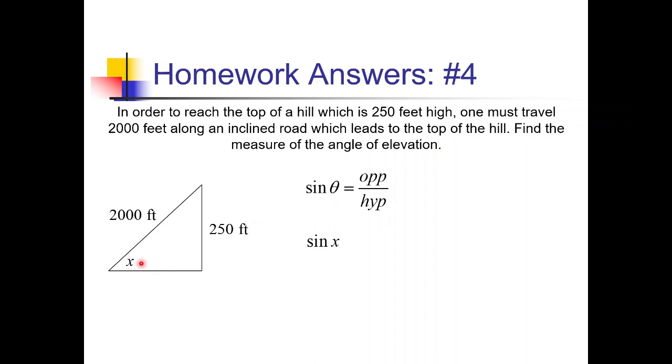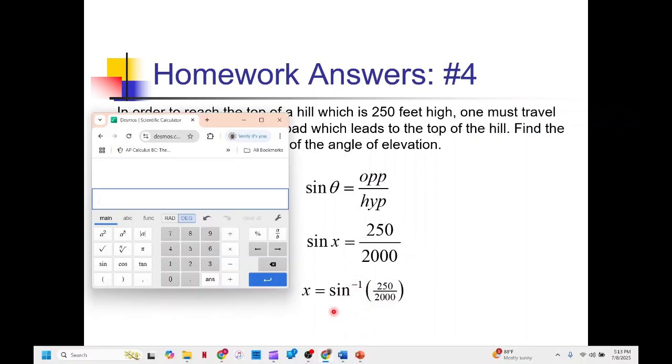So sine of x equals opposite side 250 over hypotenuse 2,000. To get the angle then, I need to do sine inverse of both sides. So sine inverse of 250 over 2,000. And if I run that on the calculator, I do sine -1 and then parentheses 250 divided by 2,000, and that should come out to about 7.2 degrees.